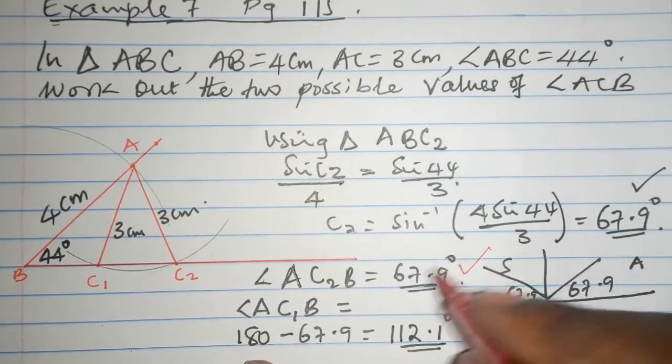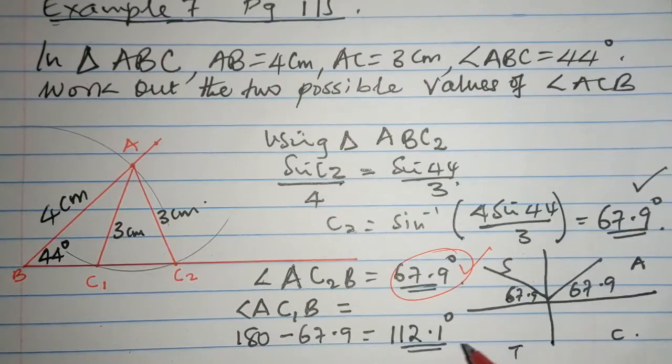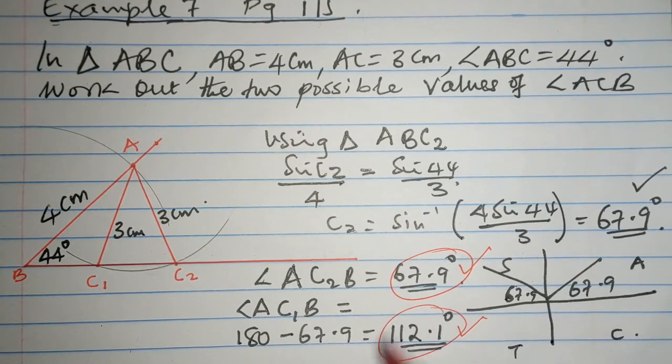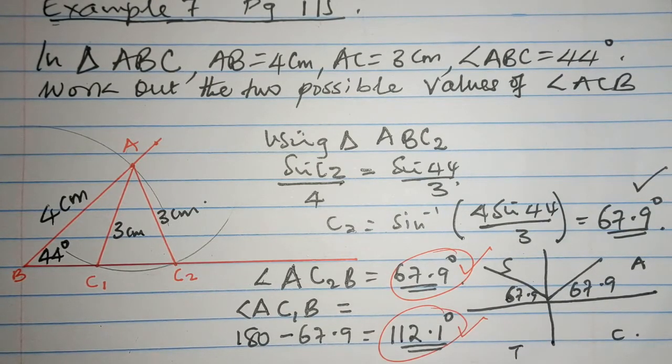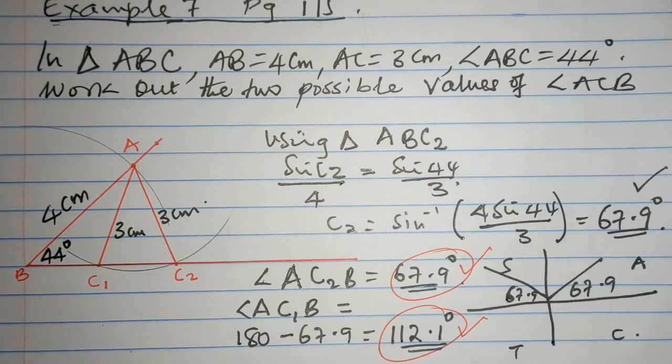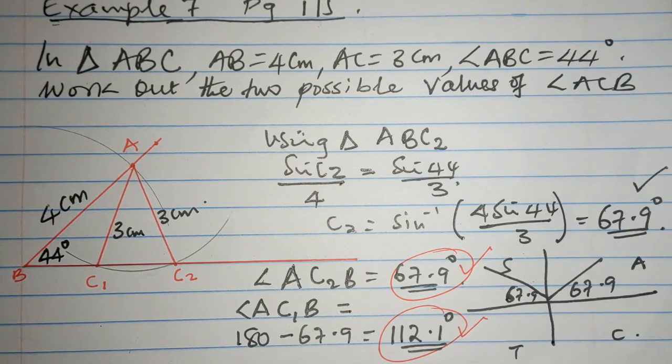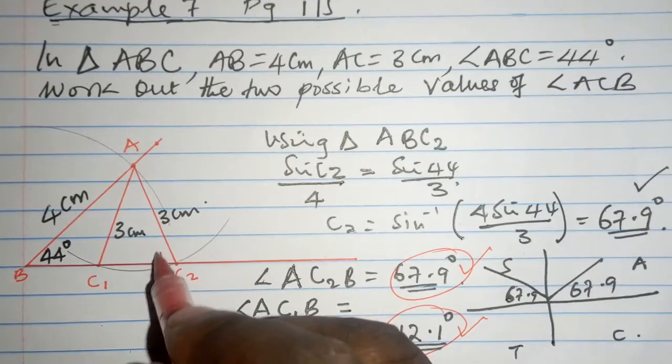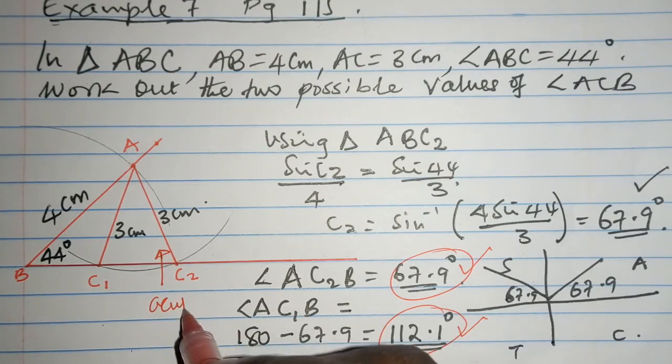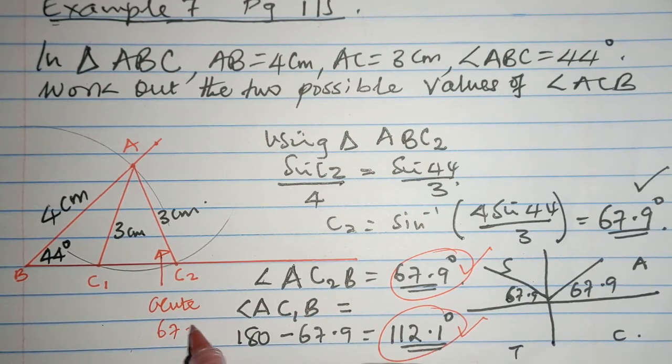So those are the possible values of C: 67.9 degrees, that angle, and 112.1 degrees, that angle. Those are the two possible values of the angle we are finding. Note that this angle is acute, and that is why it is 67.9 degrees.